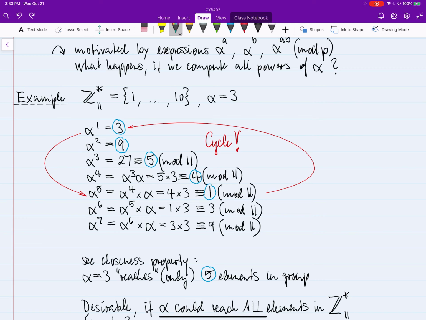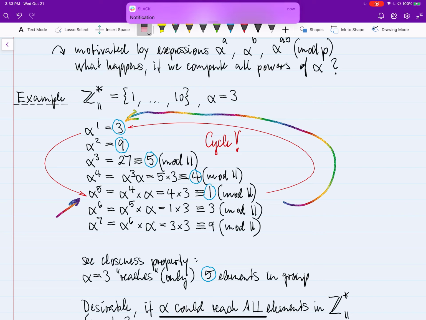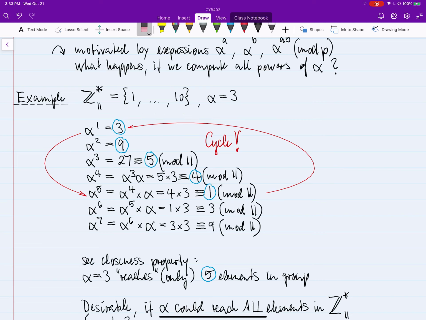What you see is that at alpha to the power of 5, we get 1. And after that, the cycle repeats. This is very analogous to the maximum period we discussed with LFSRs.